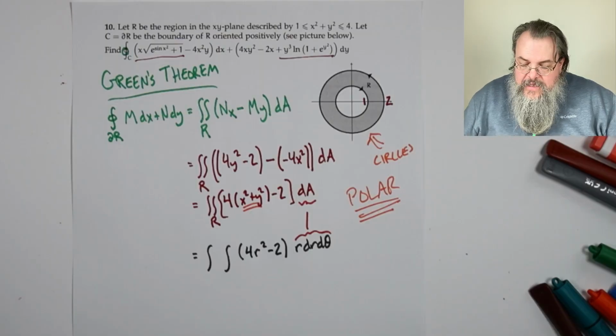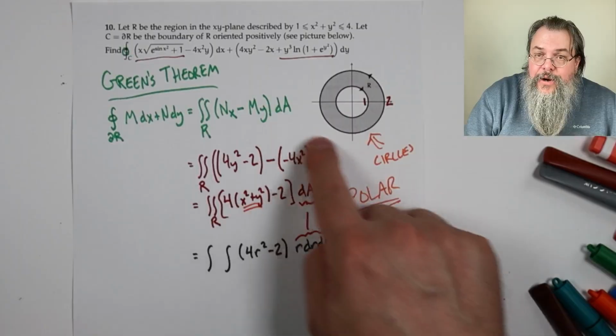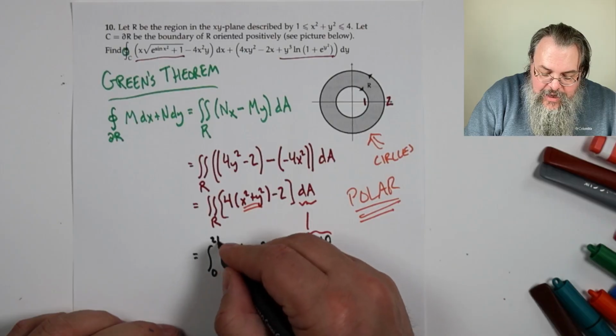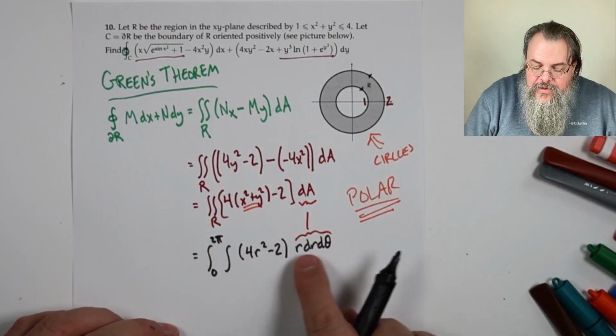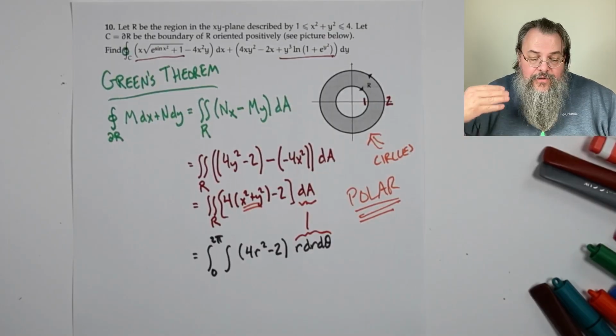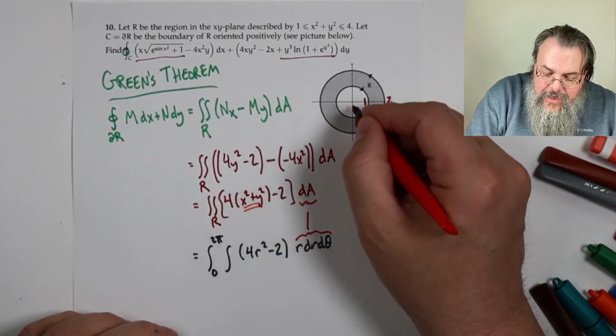So this part becomes that part. Okay, now the last thing. Where does theta go from? We go all the way around. 0 to 2 pi. Okay, so that's the bounds. Where does r go from? Well, r always relates to the center. Polar coordinate says, how do I relate to the origin?